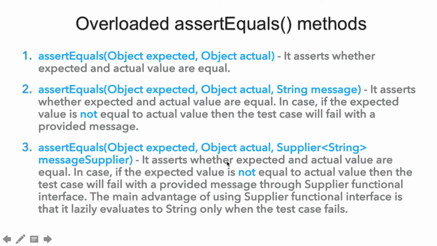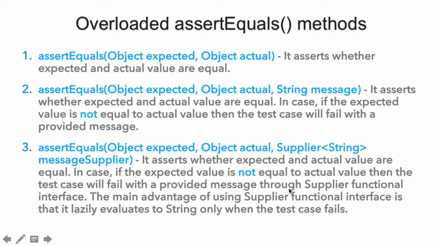And the third overloaded method takes in an actual and expected value along with a Supplier functional interface. So the third overloaded method works exactly like the second overloaded method. The only difference is, if the actual and expected values are not equal, then our test case will fail. And once our test case fails, the Supplier functional interface comes into the picture and it actually supplies a message.